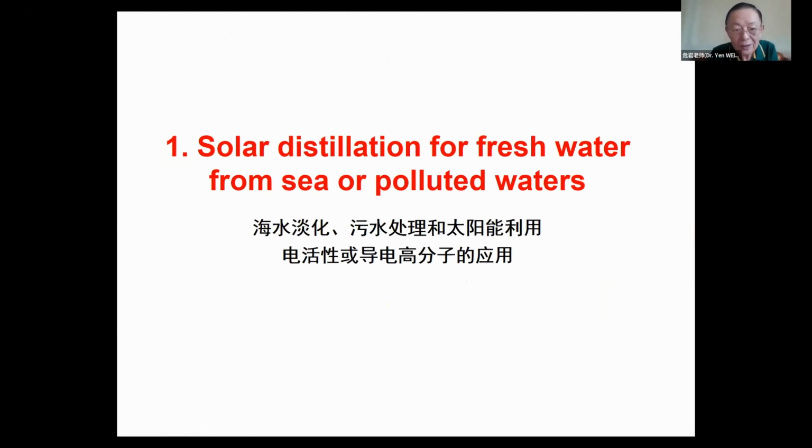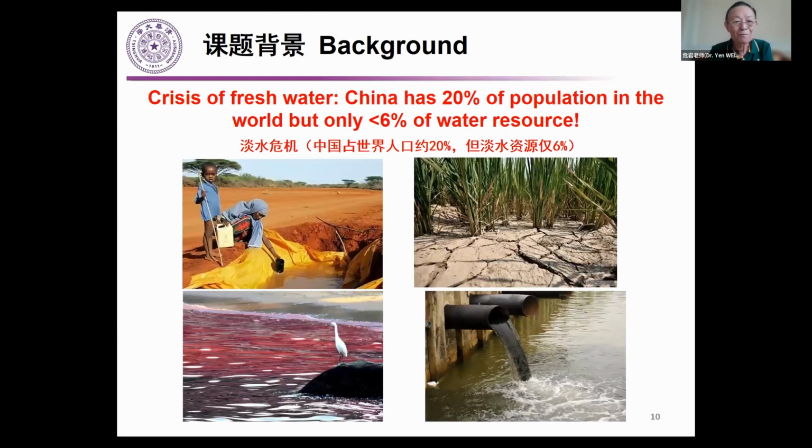Here we used something I did like 40 years ago, the conducting polymer, which is a really important material nowadays. The background is the crisis of fresh water, particularly in China. China has 20% of the world's population, but only 6% or less of the water resources. Therefore, getting drinkable fresh water is a major challenge.